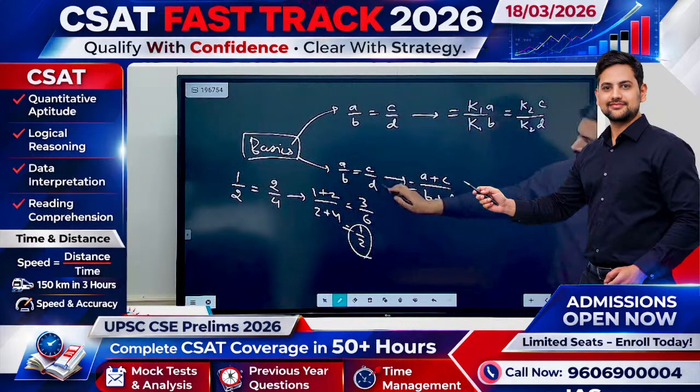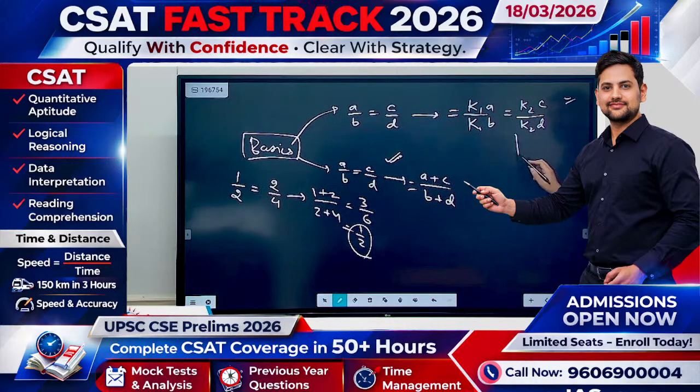Now, if I apply same principle that I applied here over here, then what I can get to? I can get to sum of both of these and sum of both of these. So this is also equal to K1A plus K2C upon K1B plus K2D.